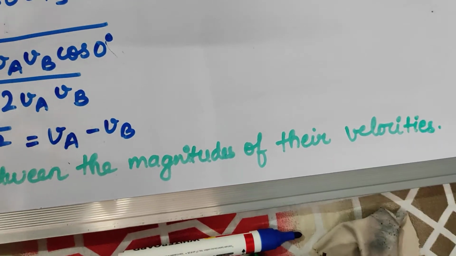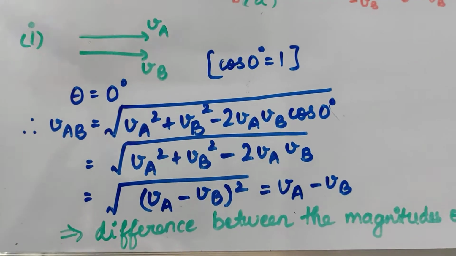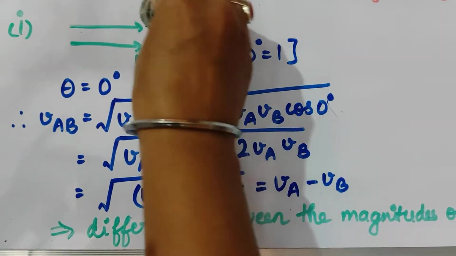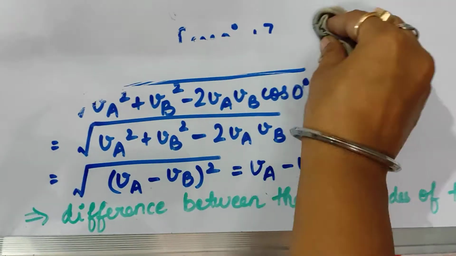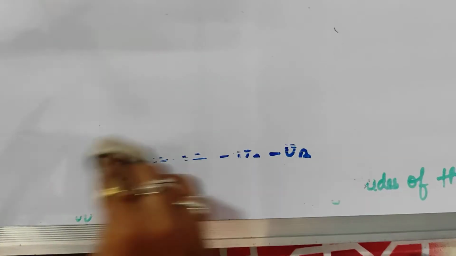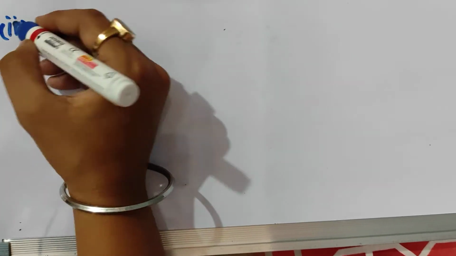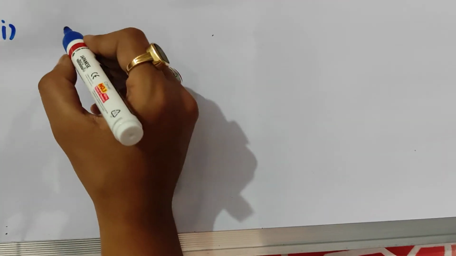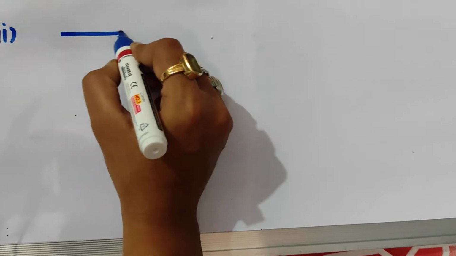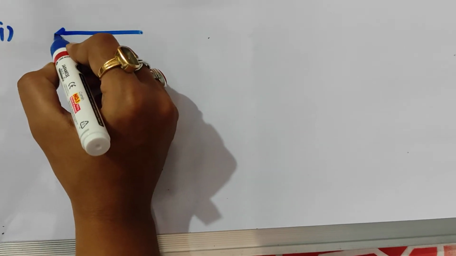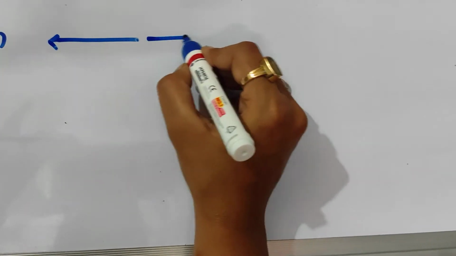Fine. Now we will consider the second case. What will happen in the second case? Second case, when two bodies are moving along parallel straight lines but in opposite direction.